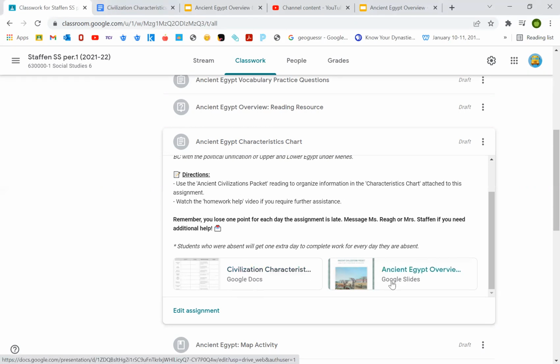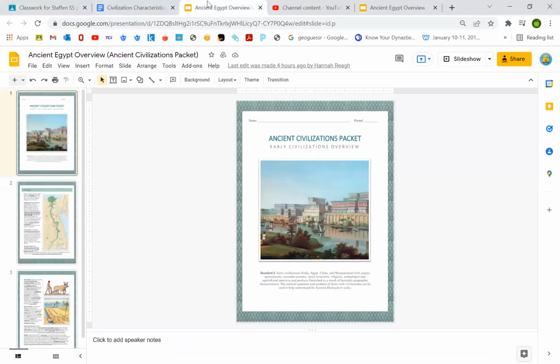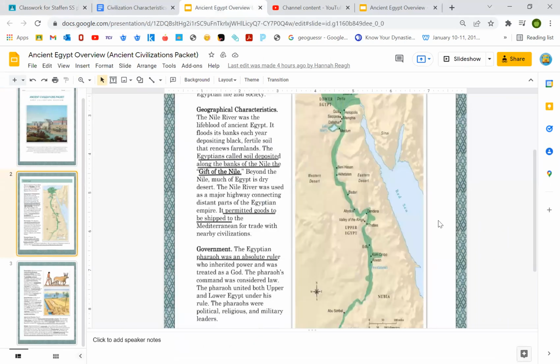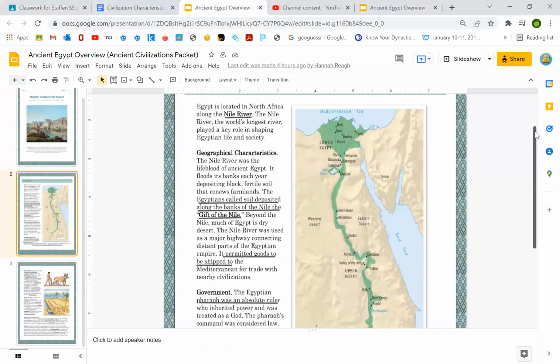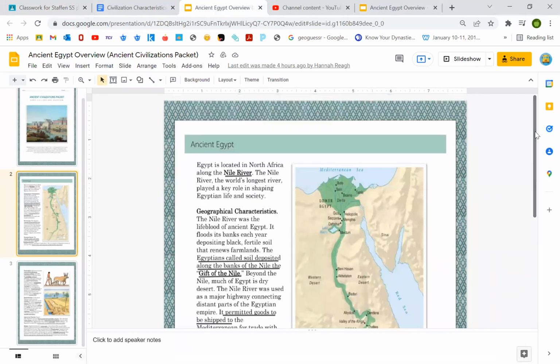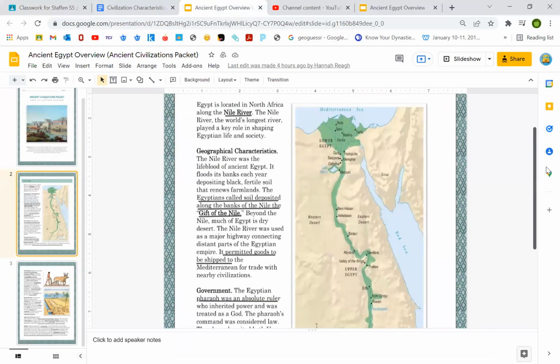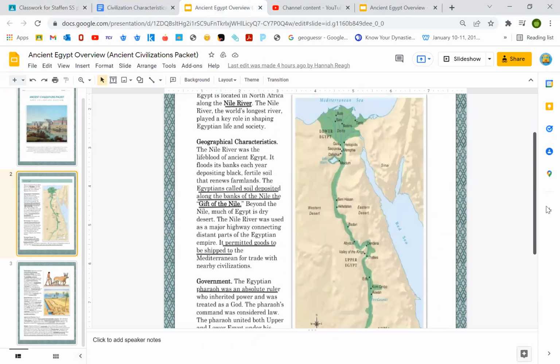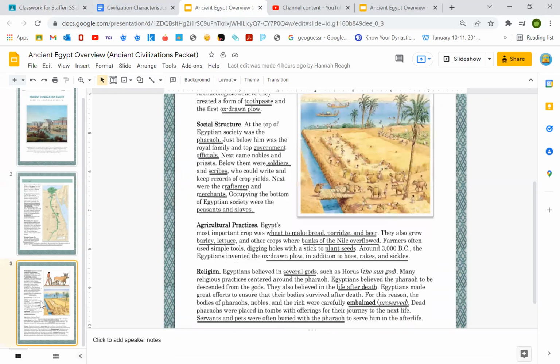And then I've also got the ancient Egypt reading that we did. You can go ahead and go 100% closer. But on this day, what we did is we read the ancient Egypt reading out loud, and we underlined all of this key information.